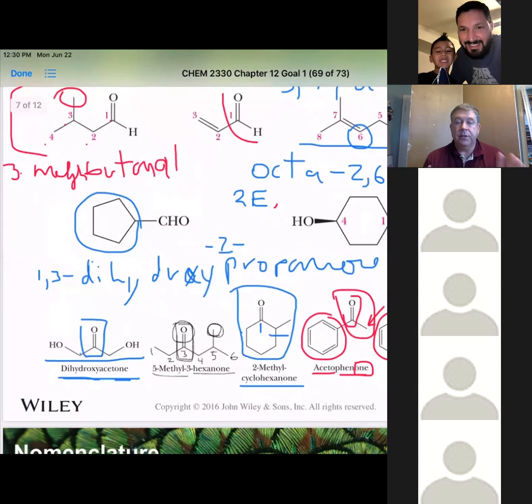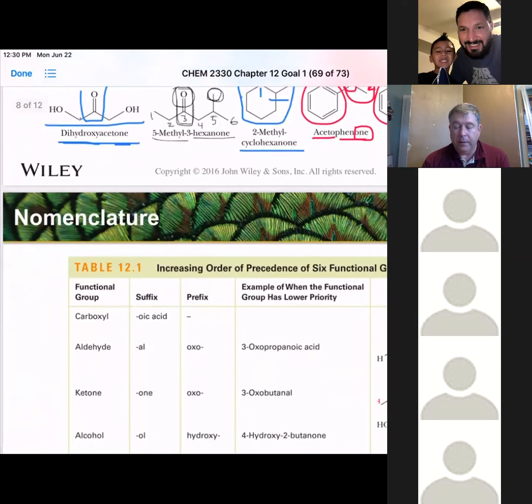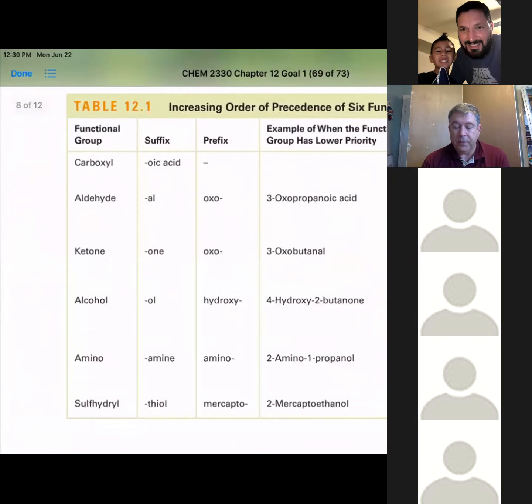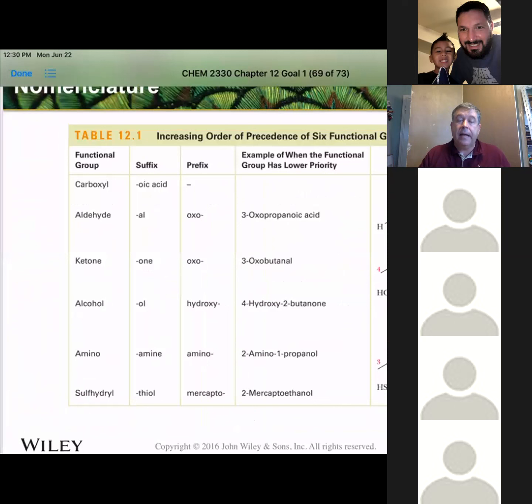Okay, so that's the general idea here on naming those, but let me do one more thing and draw your attention to priority. By priority, we mean which functional group takes precedence over the other functional groups. When we started out, we just had alkenes, alkanes, and alkynes, and then we started adding groups to it. As we named halides, we said that they are always a substituent. They never change the parent name.